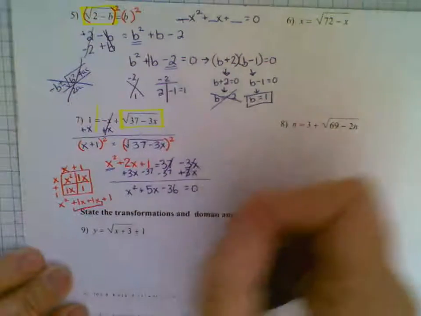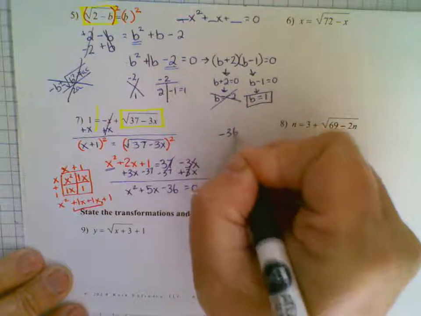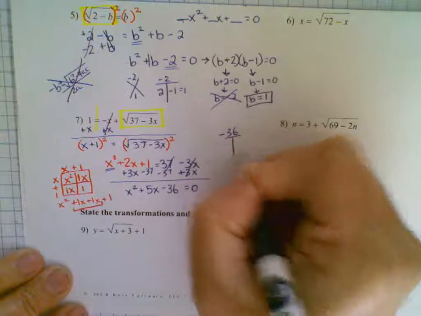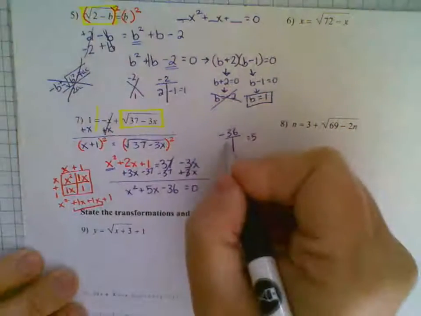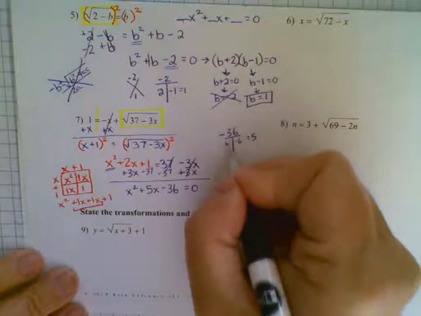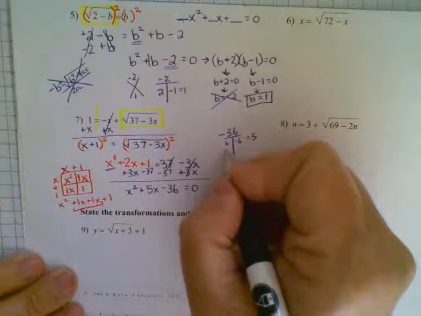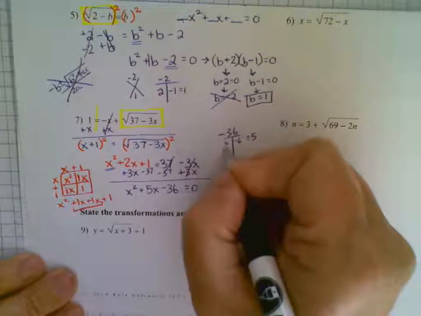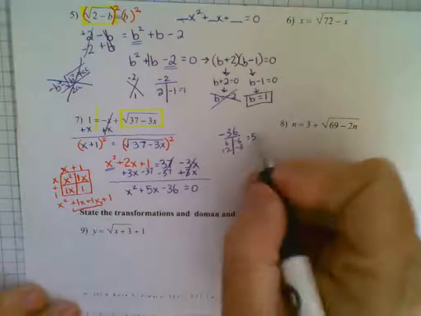All right, so I'm looking for numbers that multiply to give me negative 36 and add to give me 5. So you might think 6, negative 6. Those multiply correctly, but they don't add correctly. You might think, oh, I don't know, 12, negative 3. That doesn't work either, because when you add those, you get 9.